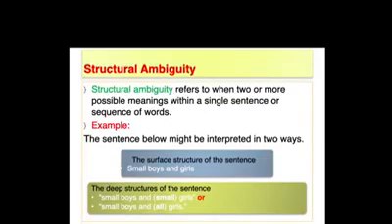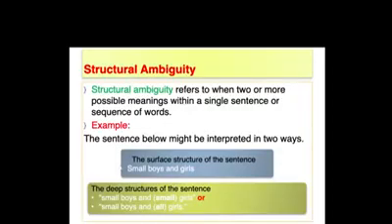Structural ambiguity refers to when there are two or more possible meanings within a single sentence or sequence of words. Example: the sentence below might be interpreted in two ways. Here, the surface structure of the sentence is "small boys and girls".